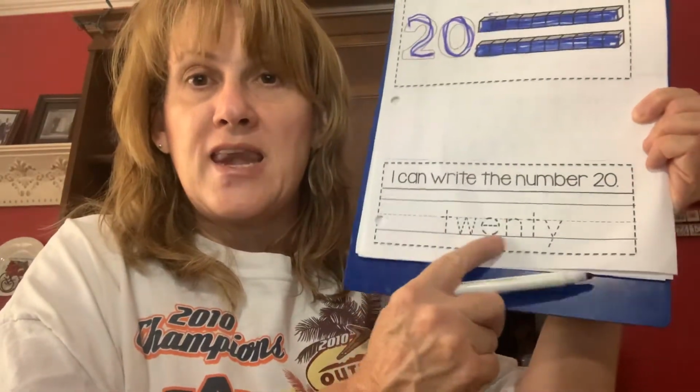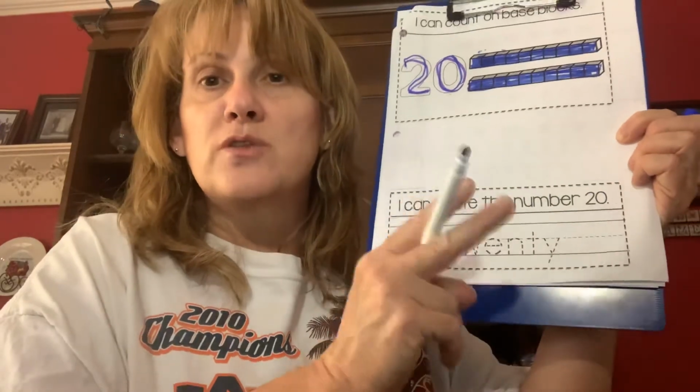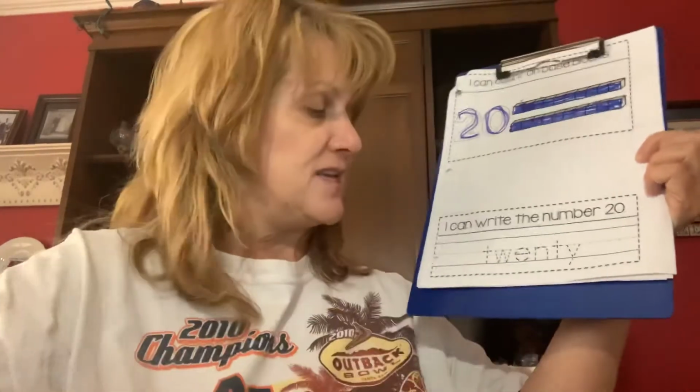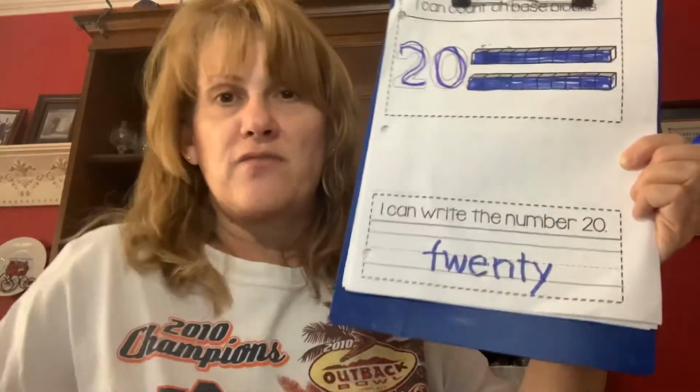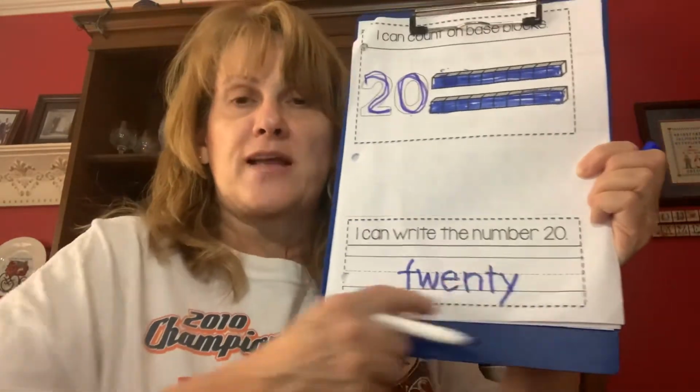But color those in, and then down here is the word 20. So the word 20 has 2 beats. We call those syllables. You are going to trace the word 20. And that's a big word.